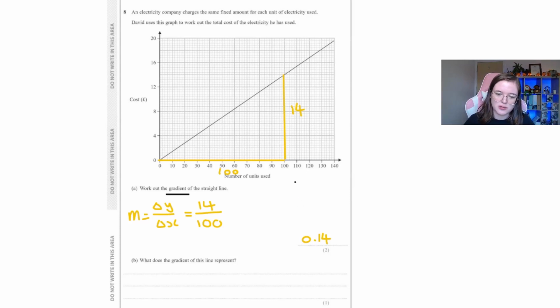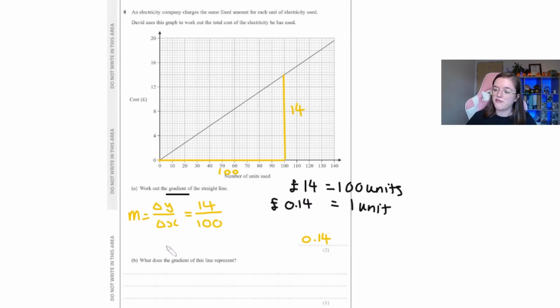Because we know that £14 is 100 units, then because we divided by 100 to find this, if we divide both these by 100, we get 0.14 pounds is 1 unit. So therefore, the gradient is the price for 1 unit of electricity. And there we are. In total, that question was 3 marks.